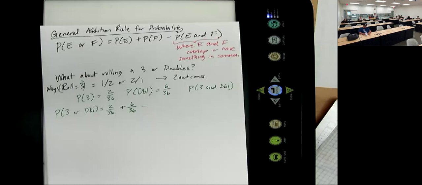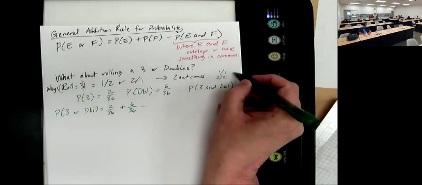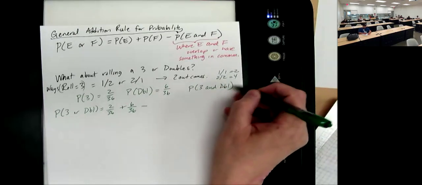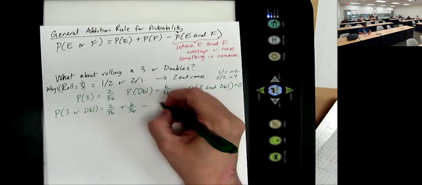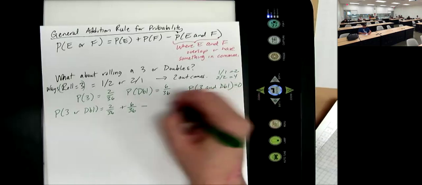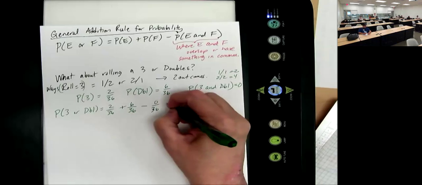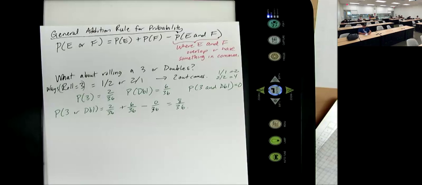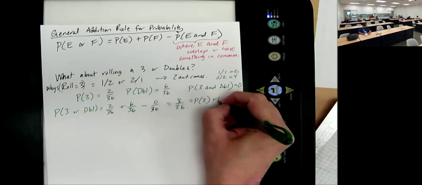The closest we can get is 1 and 1 or 2 and 2. This gives us a 2, this gives us a 4. 3 is between, there's no way to get a 3 and doubles at the same time. So if we subtract that probability, it's minus 0/36. So 8/36, which is just the probability of 3 plus the probability of doubles.